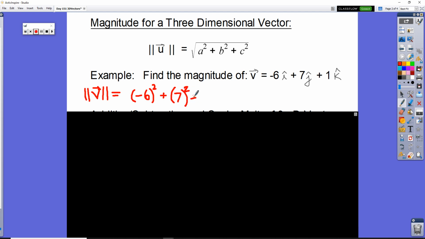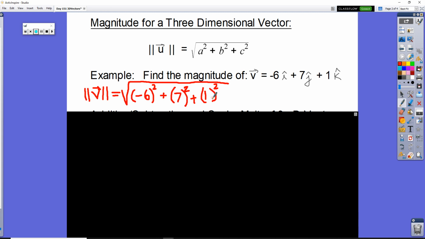And now we're going to take the z direction component, which was just 1, and square it. So all 3 of the numbers that come in front of i, j, and k are going to get squared, added together, and then you've got to take the square root of the whole thing. So this is going to make 36. This is going to make 49.